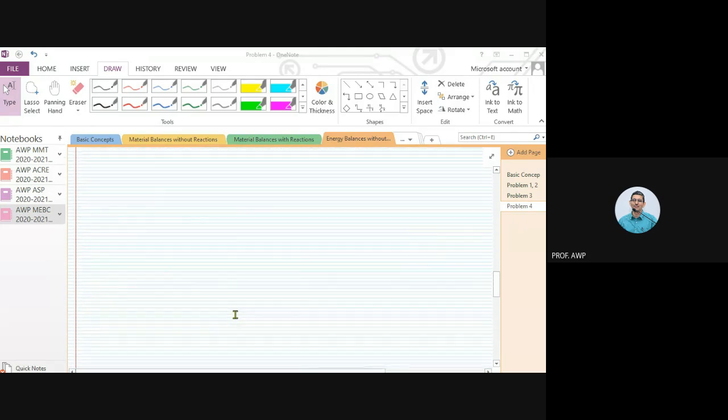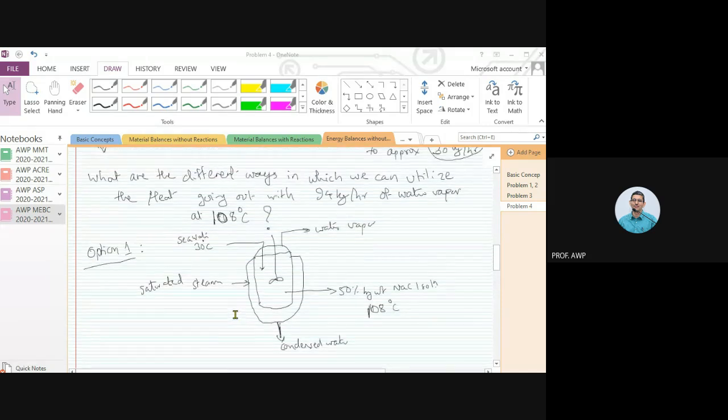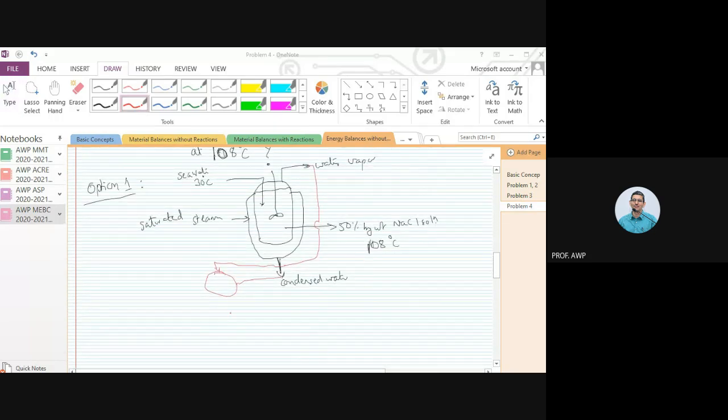Option one Smith has told is to use this heat, take this condensed water, take this water vapor and give this heat to this condensed water in something called a heat exchanger.